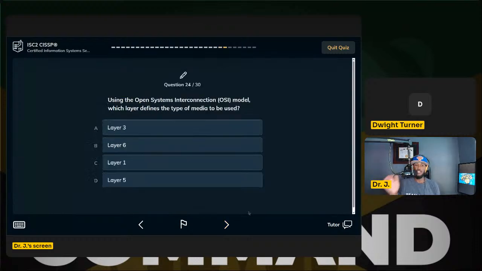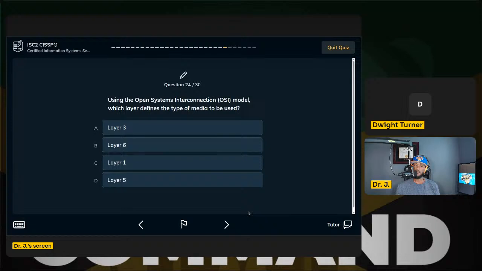All right, using the Open Systems Interconnection or OSI model, which layer defines the type of media to be used? That's going to be physical, layer one. Layer three is our network.